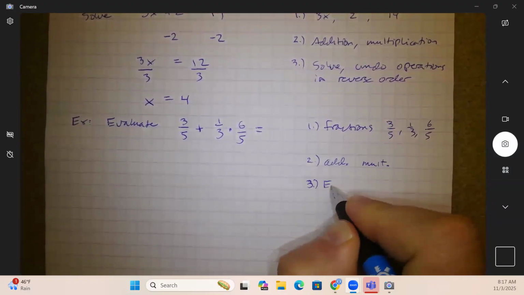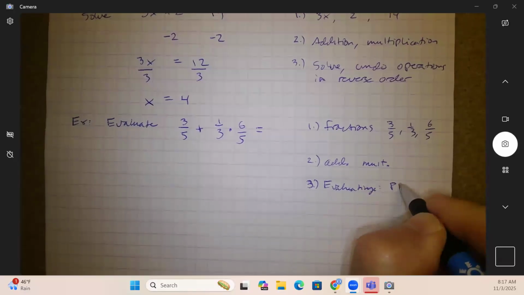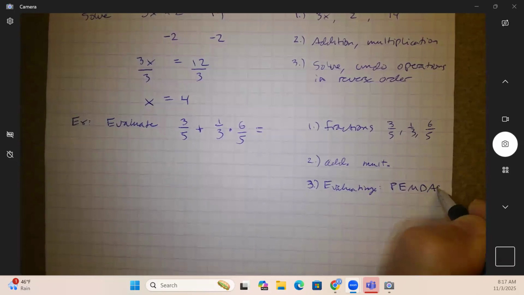But since I'm evaluating, I need to use my order of operations, which means I do the fraction multiplication first. Right, so we've done fraction addition and we've done fraction multiplication.